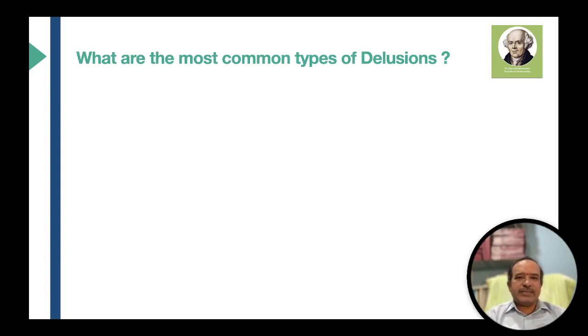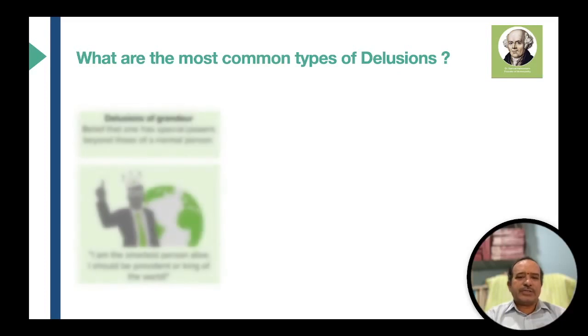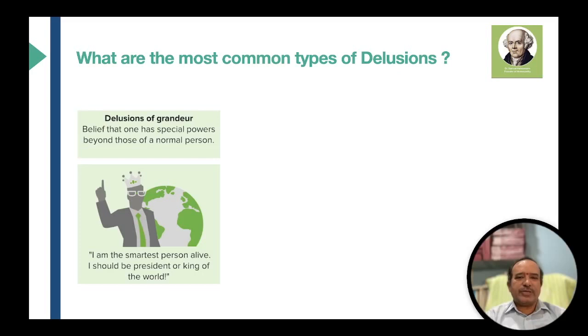When we take the case history, if at all we get the delusions rubric, we need to see in which type of delusion the patient comes. First is delusions of grandeur. This is the type of delusion where people think that I am the smartest person alive, I should be president or king of the world.